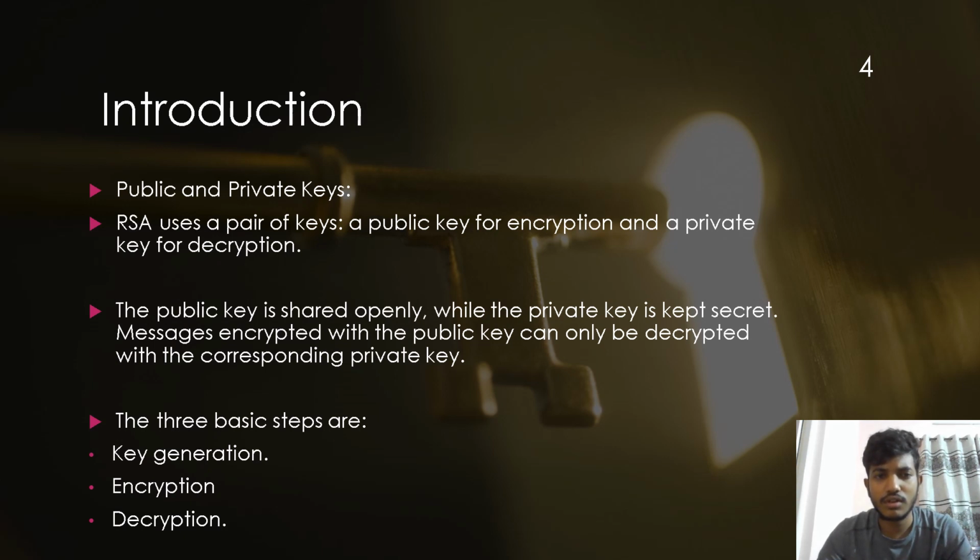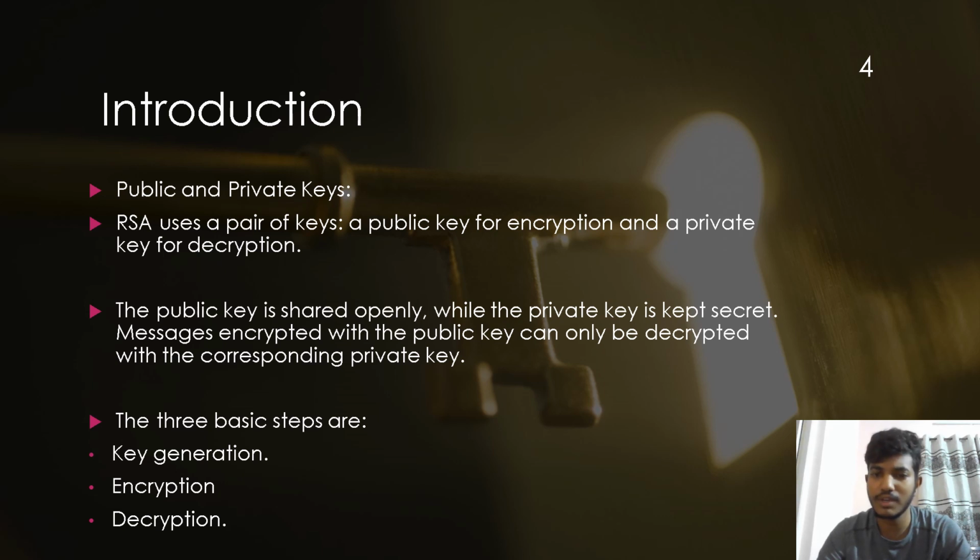It has public and private keys. RSA uses a pair of keys: a public key for encryption and a private key for decryption. Whatever code is sent by the user is encrypted with the public key, and the one decoding the code has the private key.